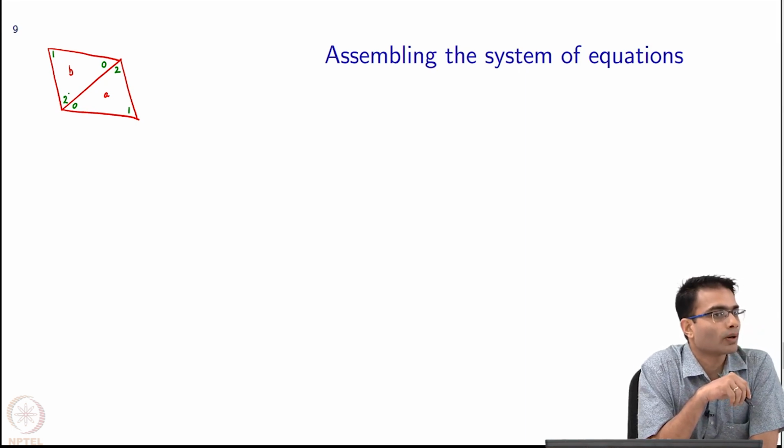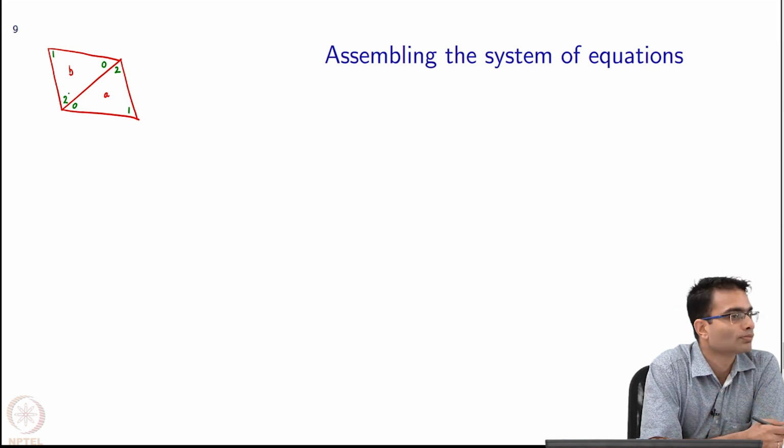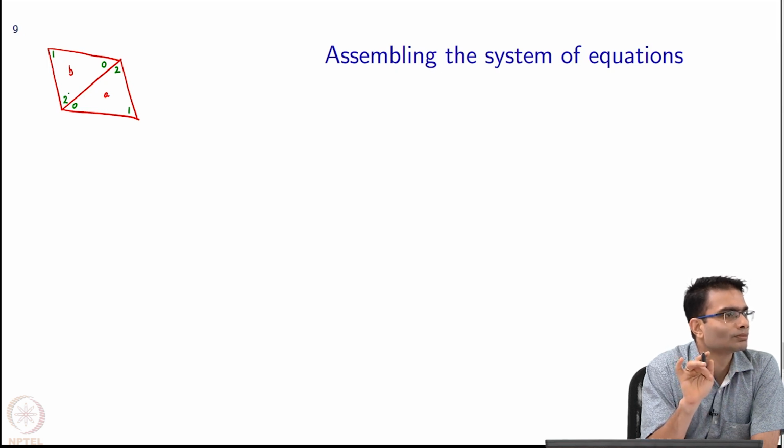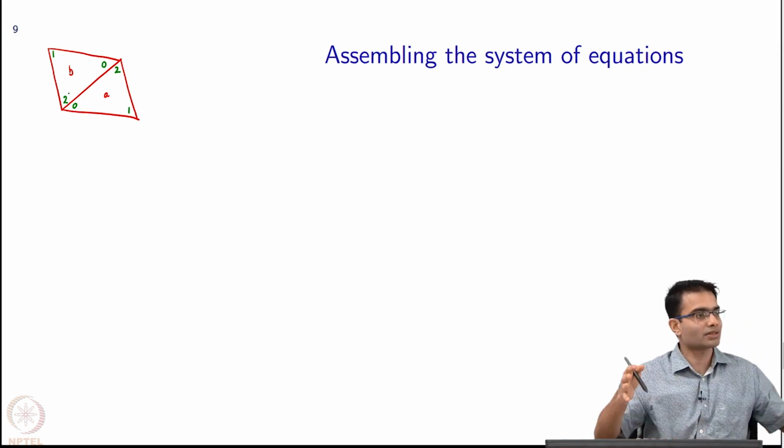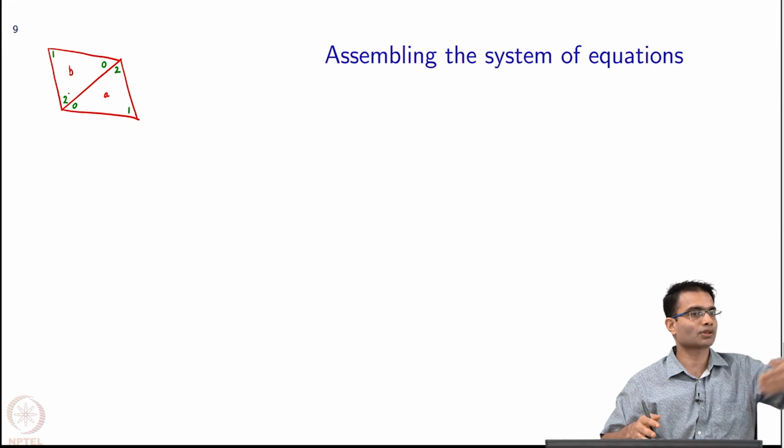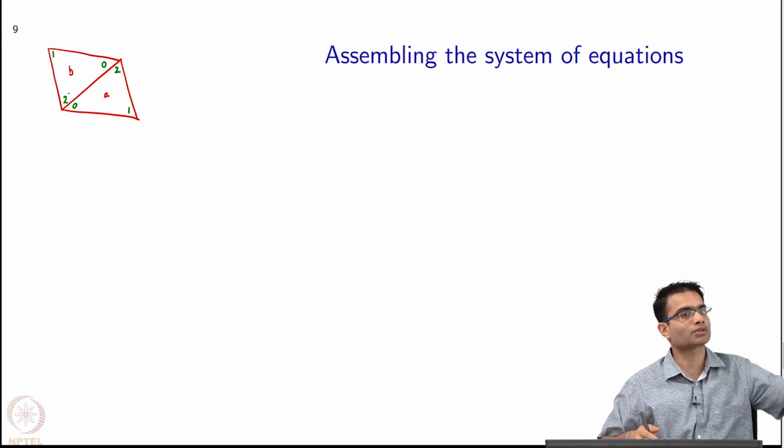So, let us be very clear, what determines which one is 0, which one is 1, which one is 2? Is there anything sacred about which is 0, 1 or 2? No, these are node numbers, we are only talking about node numbers, there is nothing sacred whatsoever. So, how do I fix which is 0, 1, 2? You can choose it any way you want, but in practice you will not get to choose it any way you want. The software which meshes the domain will give you, for each element, a list of nodes.